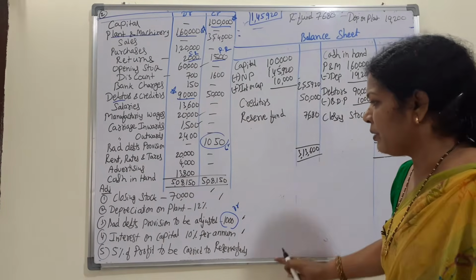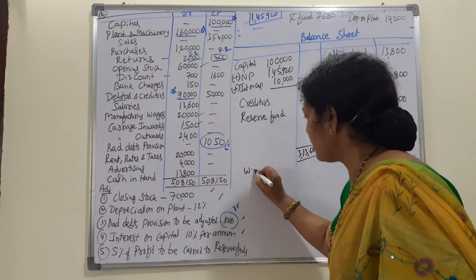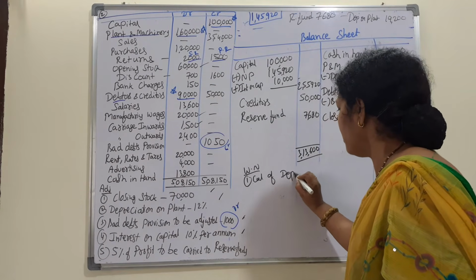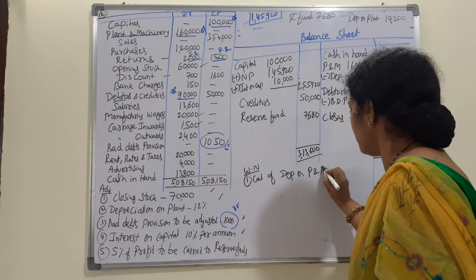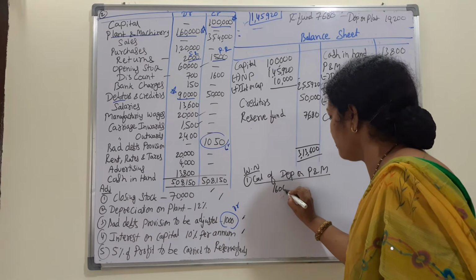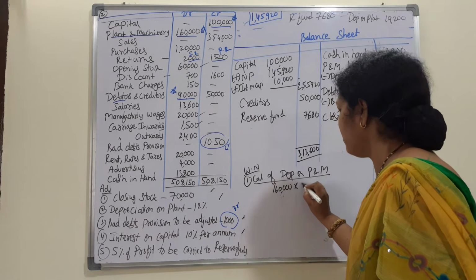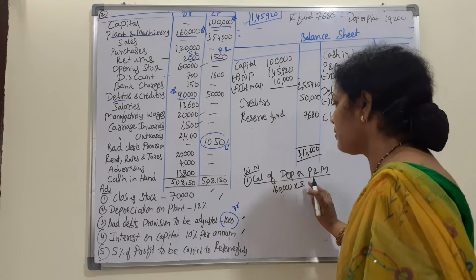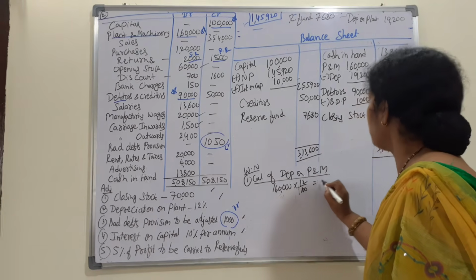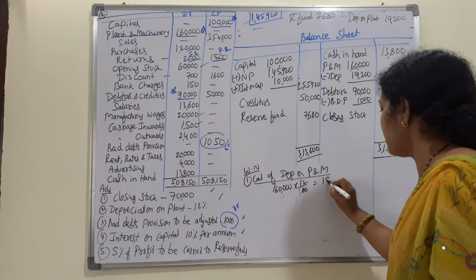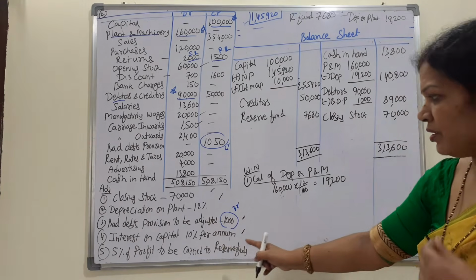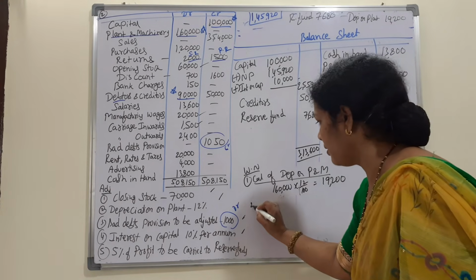So working notes, first one is calculation of depreciation on plant and machinery. Plant and machinery cost is 1,60,000 into 12%, sorry, 12% comes to 19,200. Working notes first point, and also working notes second point, interest on capital.